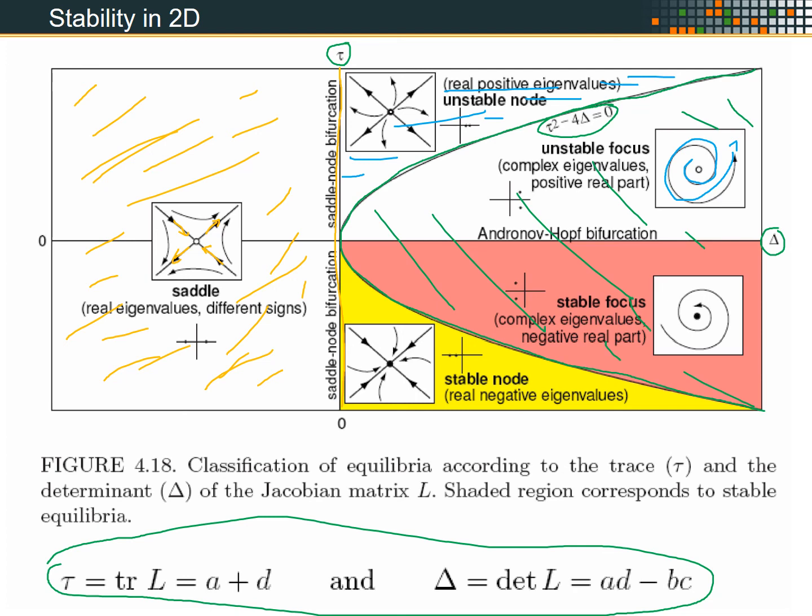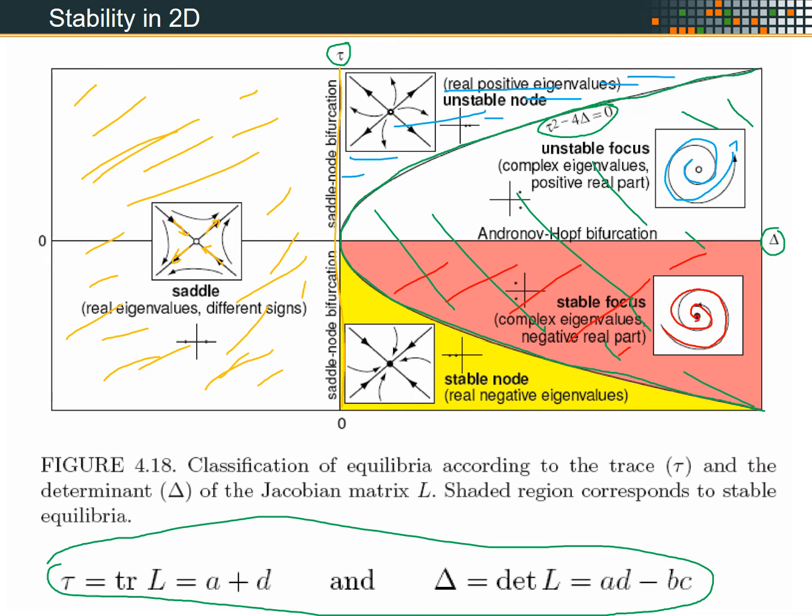And on the lower side, which is this red area, which I will mark now, we have a stable focus where the system is spiraling into the stable fixed point.